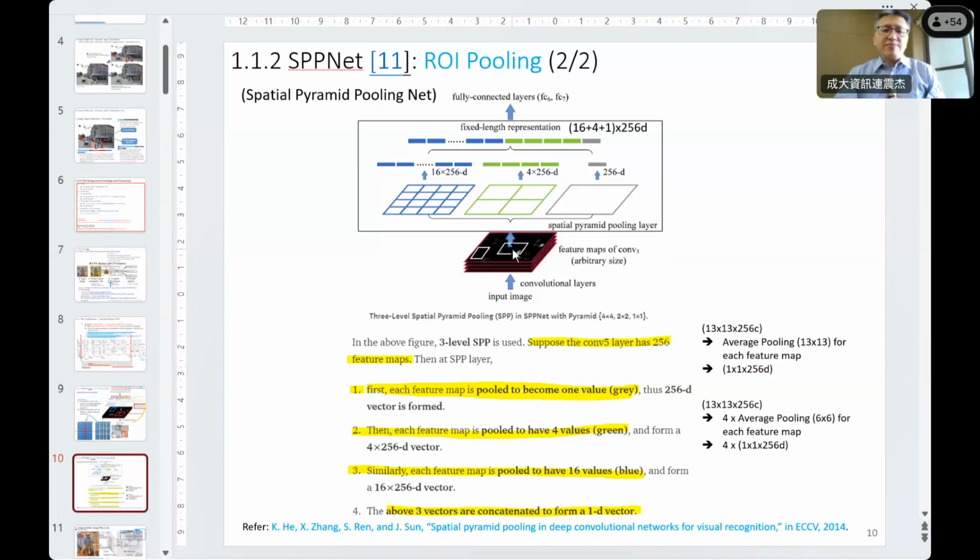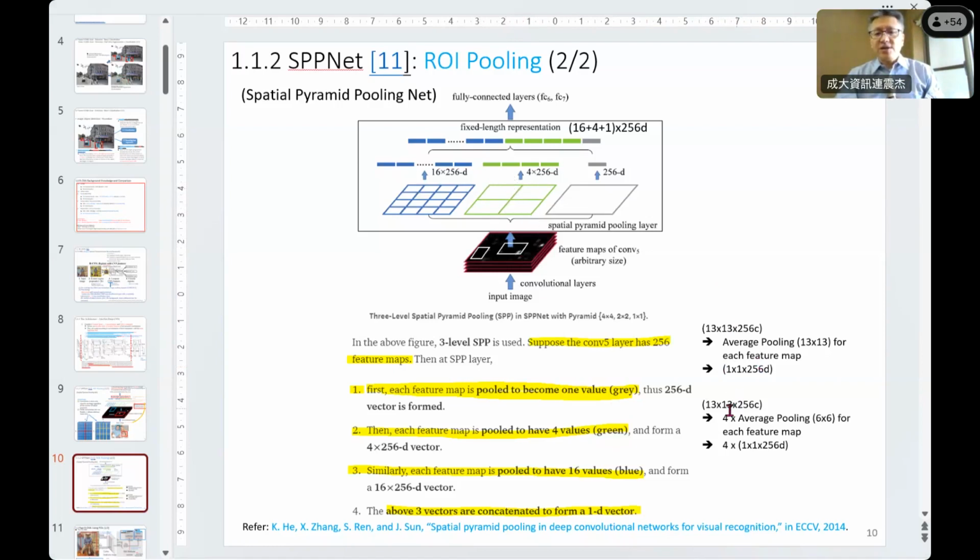For the same bounding box, they divide it into 4 parts. Each part does average pooling to become one value, so the same bounding box has 4 values.